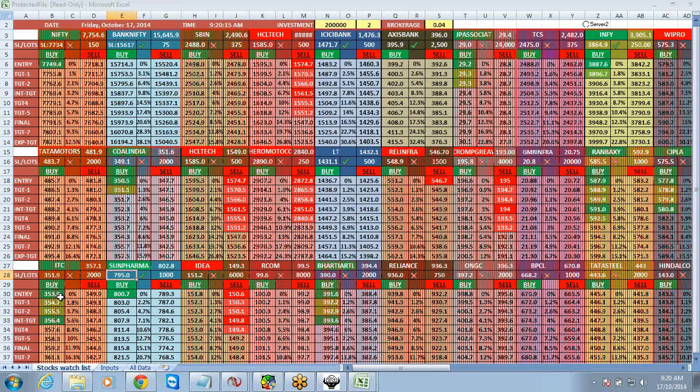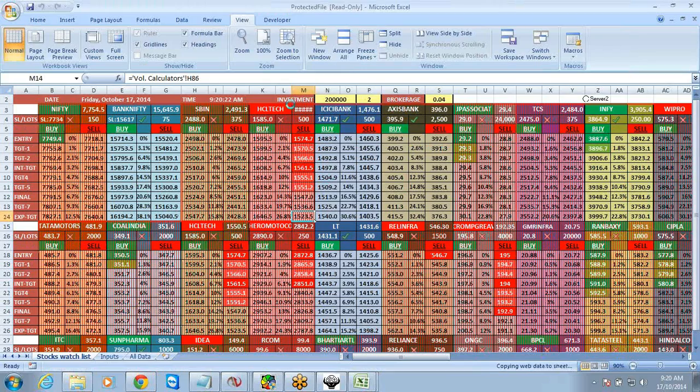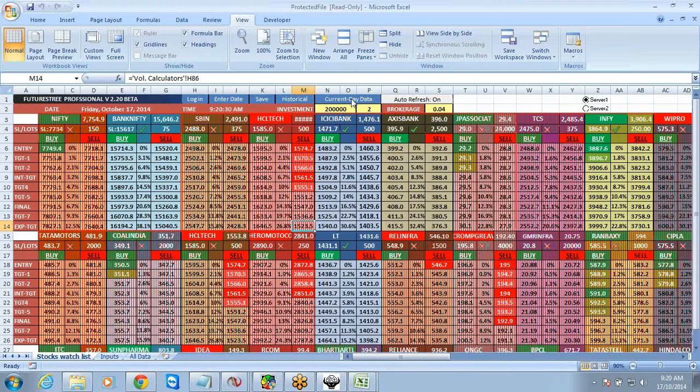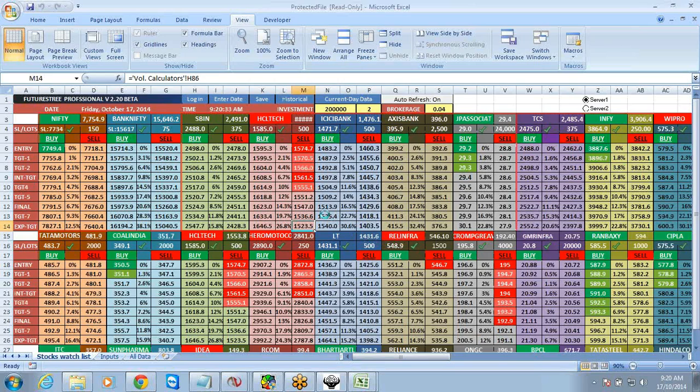With the cash market price, you can trade on futures also, and you can trade in options also. So it's 9:20 now, and I'm just taking the current day data. I just click on that button and say yes. So you got the prices for all the scripts.